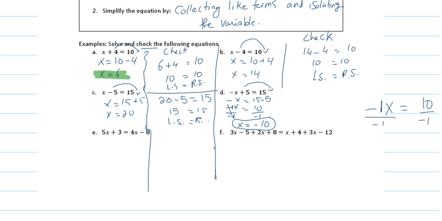It's like when you divide 2 by 2, you get 1. When you divide something by itself, they cancel. So you get rid of them and then you just get x. And when you divide 10 by negative 1, that's negative 10. It's the simplified format. So you don't want to leave a negative in front of the x. You don't want anything in front of the x.